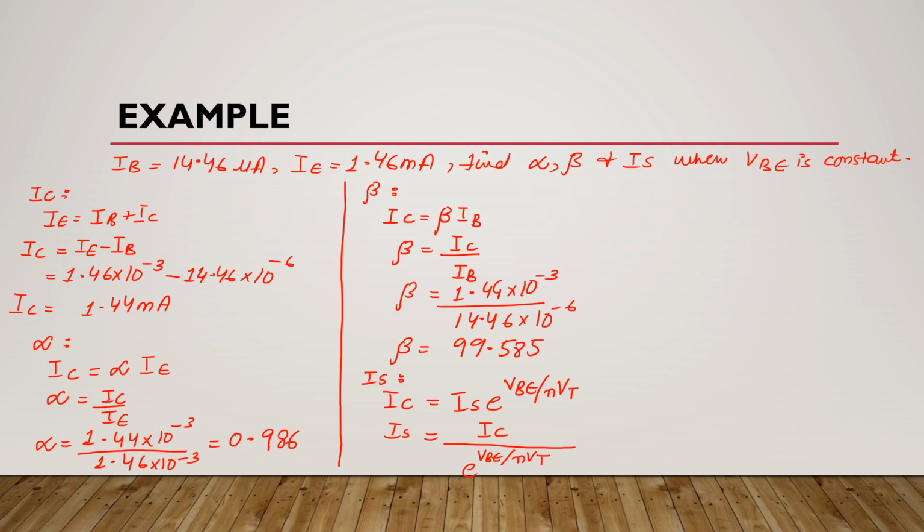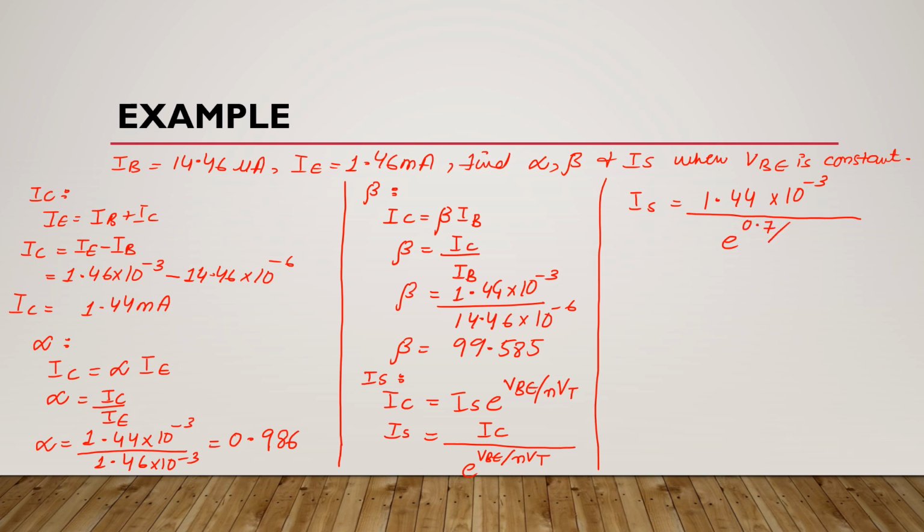Okay, now we'll put values here. We get IS is equal to 1.44 into 10 raised to the power minus 3 divided by e raised to the power 0.7.